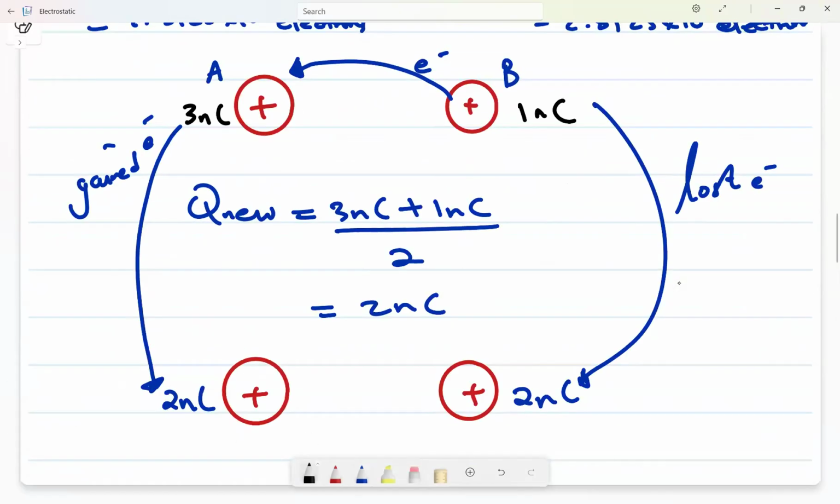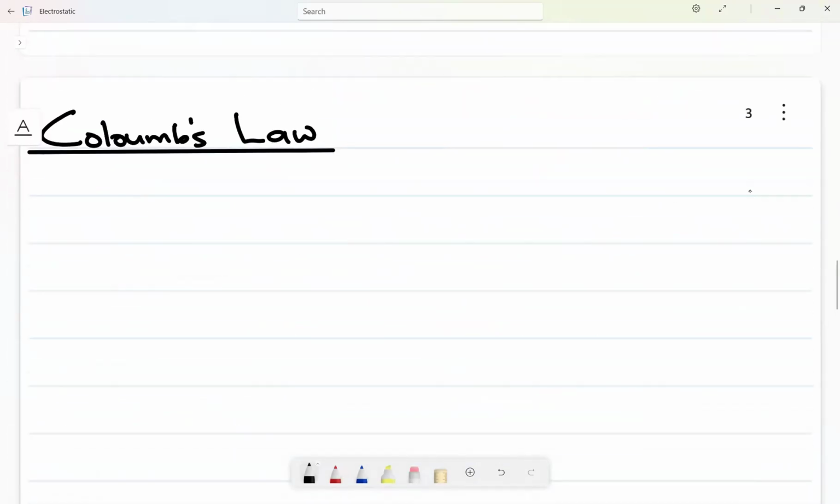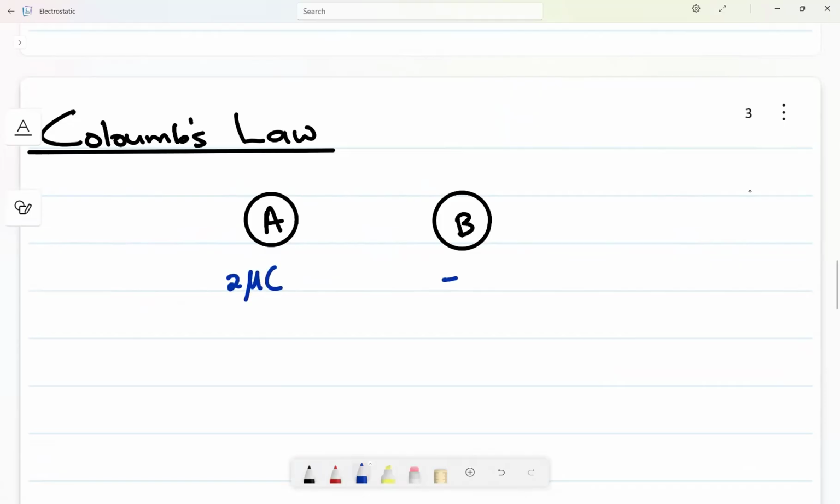Now let us be in a position of saying, let me have a metal sphere A and metal sphere B. Let me say this is A, this is B. They have their charges respectively 2 microcoulomb and negative 5 microcoulomb, like that, right?